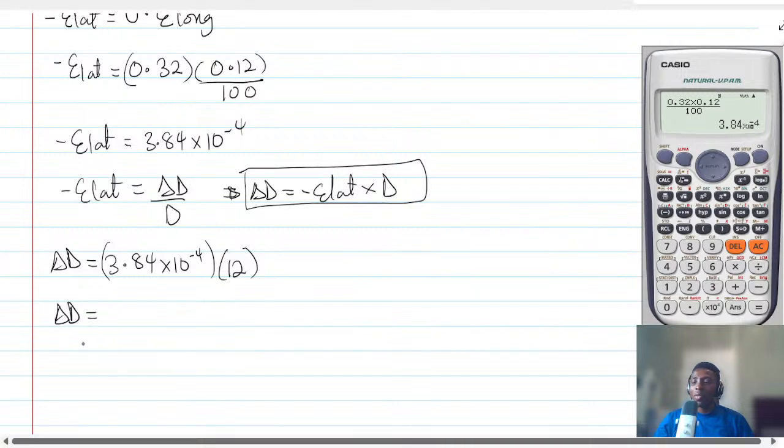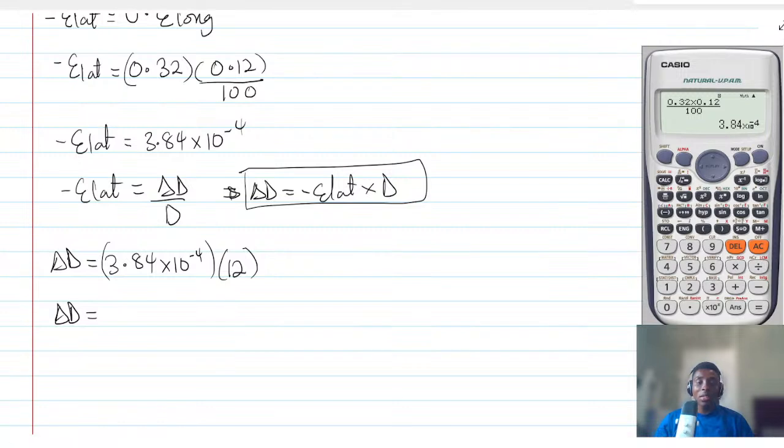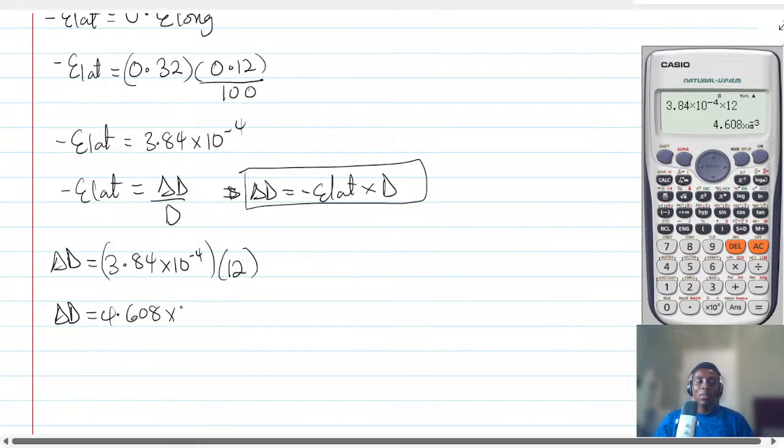Therefore, the change in diameter becomes 3.84 times 10 to the minus 4 multiplied by 12. So this is the change in diameter, 4.608 times 10 to the minus 3 millimeters.